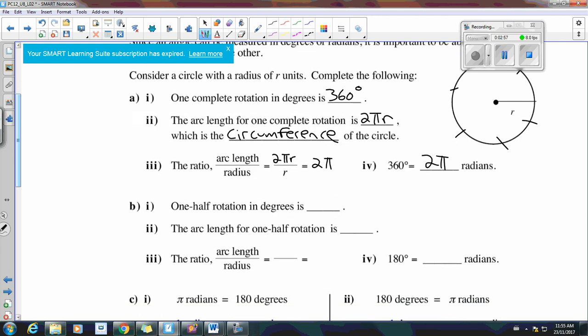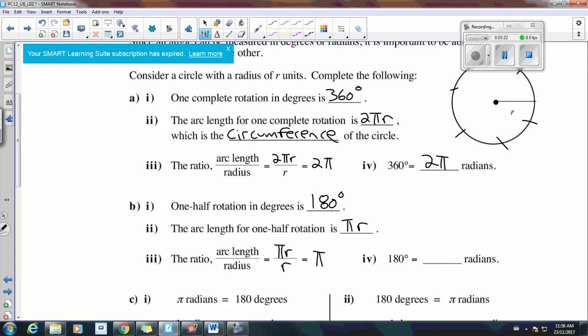Okay, well, what about half a rotation? So half a rotation in degrees is 180. What is the arc length with half a rotation? If the full rotation was 2 pi r, half of the circumference would be pi r. The ratio would be pi r over r, which is pi.